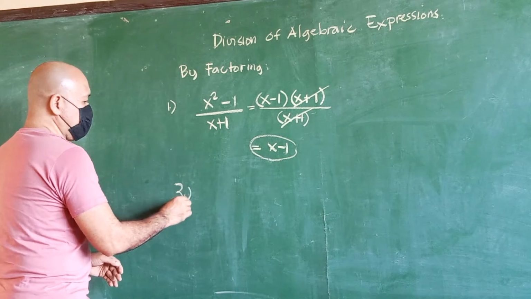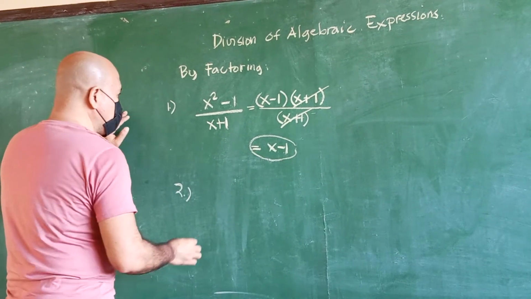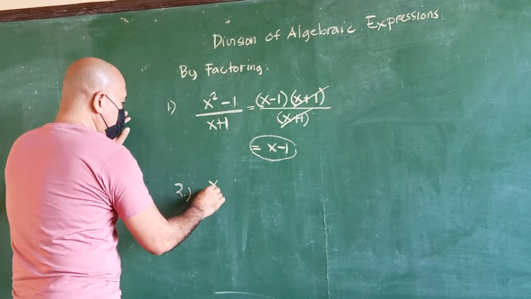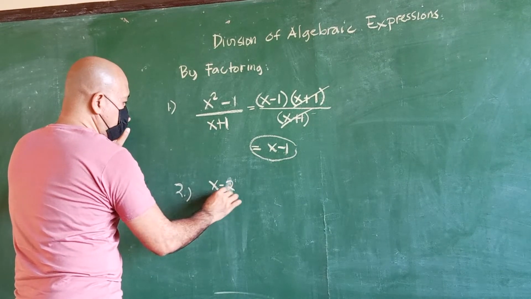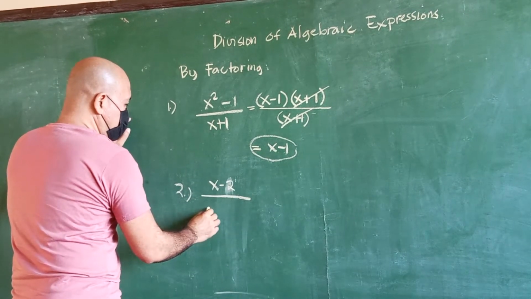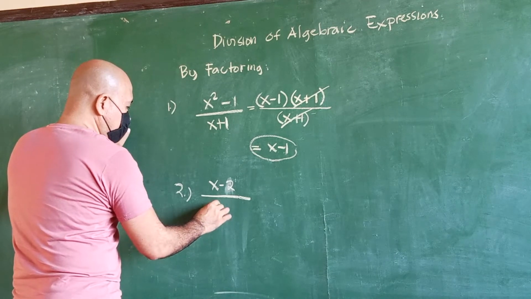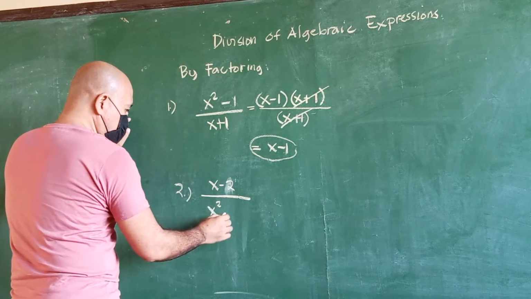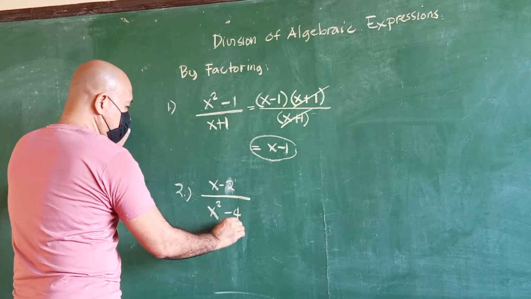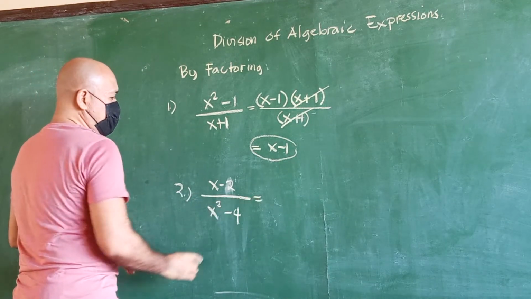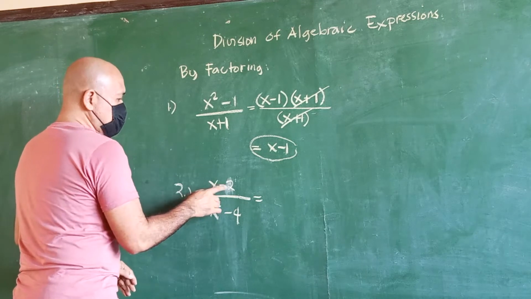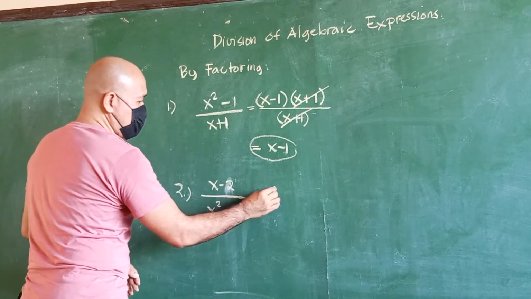Let's proceed to number 2, for example. Supposedly you have x minus 2, and the divisor is x squared minus 4. The numerator is not factorable anymore, so just copy that one.